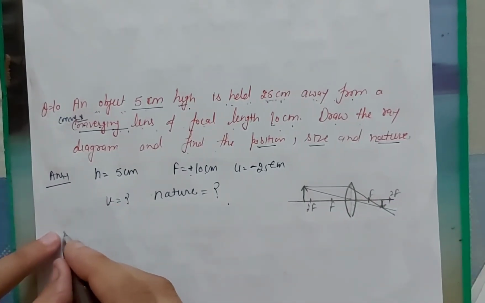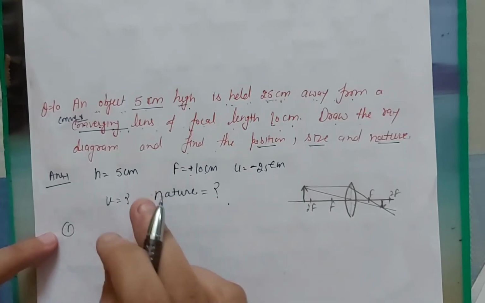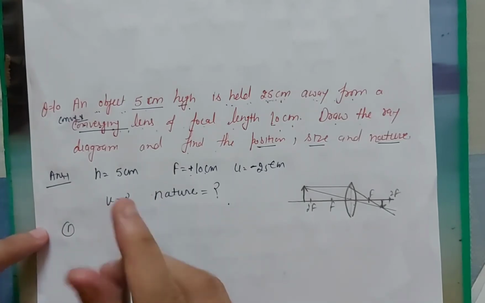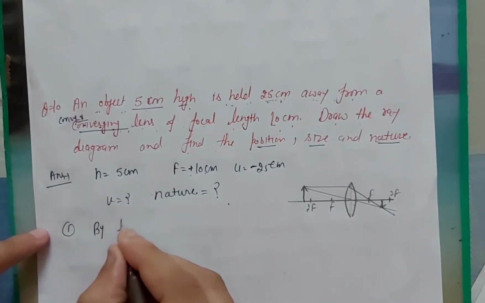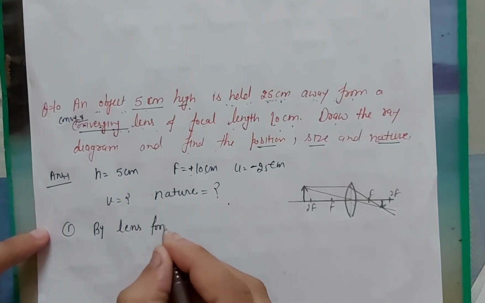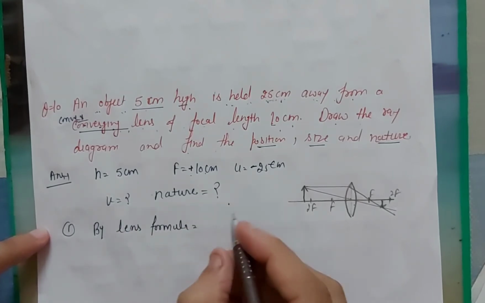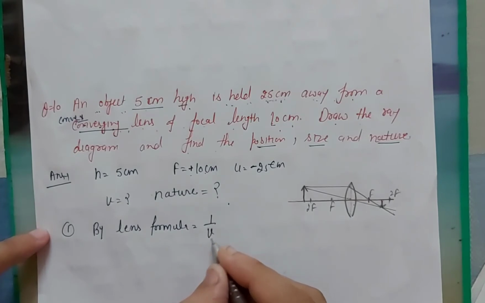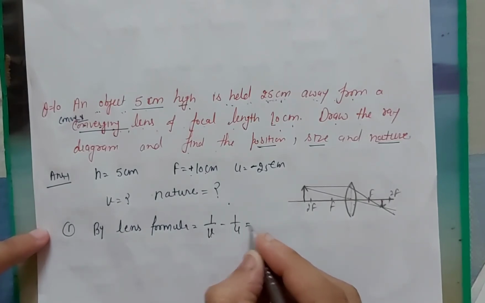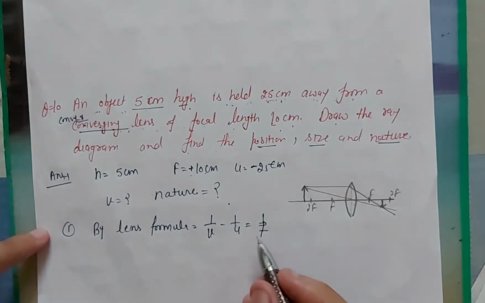So for this, how can we find the value of v? As we know, by the lens formula. What is the lens formula? The lens formula is just a relation between v, u and f. These two values are given, put these two values and we can easily find the value of v.